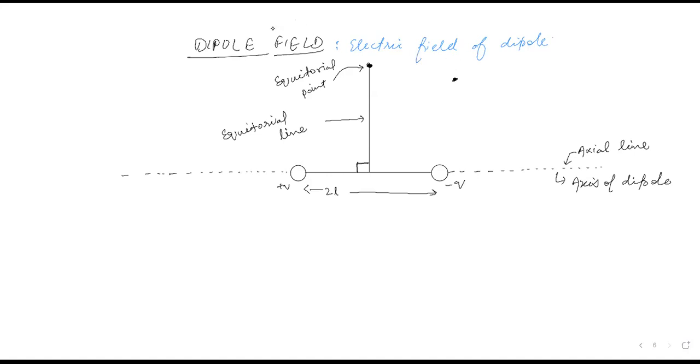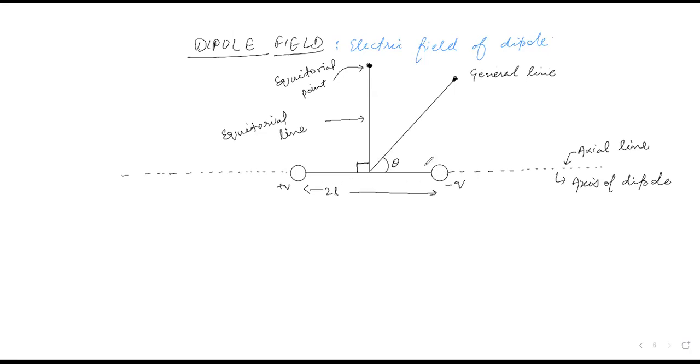When you join this point to the center of the dipole, this point is said to be the general point, and it always makes an angle theta from the axial line.